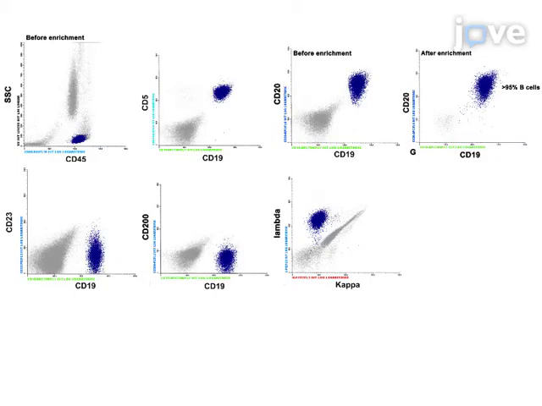The flow cytometric analysis shows cells staining positively for CD45, CD19, CD20, and CD5, and these are selected for characterization. Cells that did not stain for CD23 and CD200 are also selected.